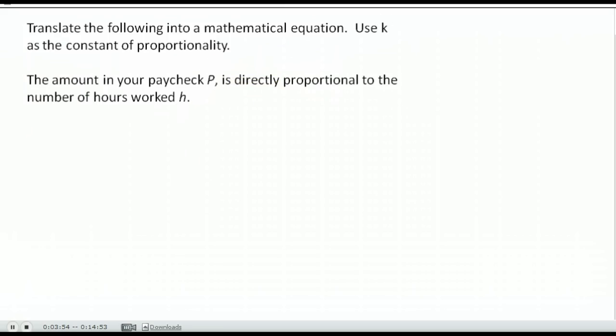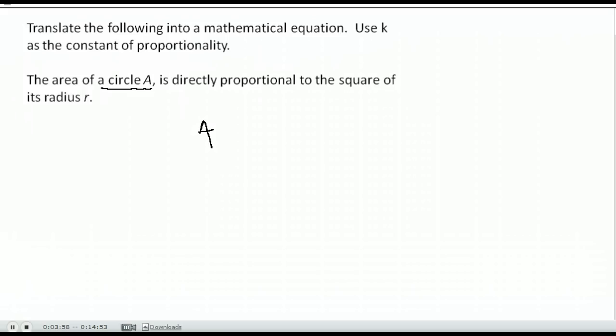The area of a circle A, okay, so that's what we're going to start with. The area A is, indicates an equal sign, directly, so we know what directly means. We're going to multiply here, proportional to the square of its radius. Okay, so directly proportional means I'm going to have my constant K here, and I'm going to be multiplying it by something.